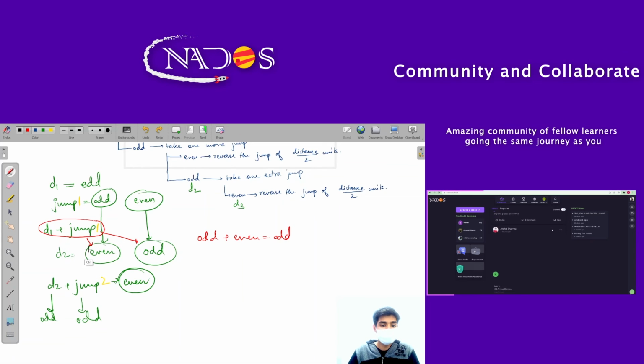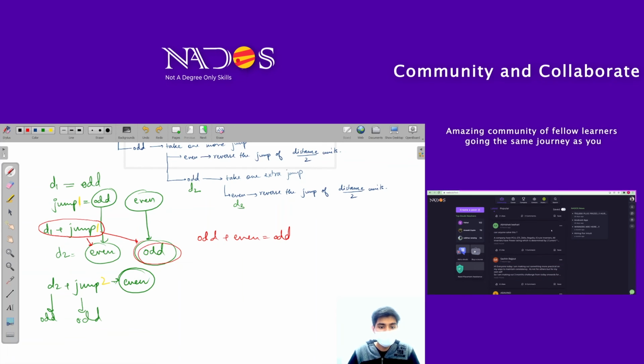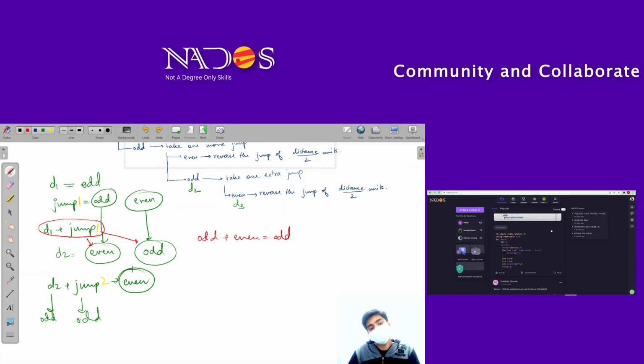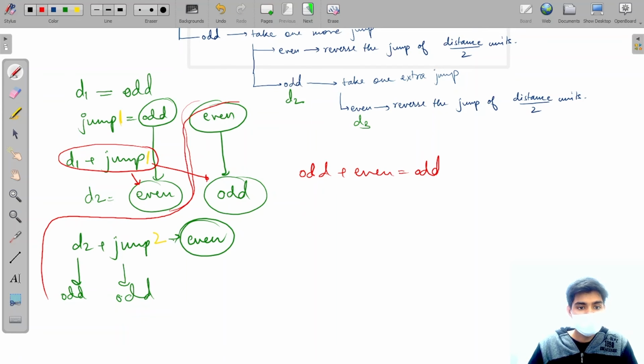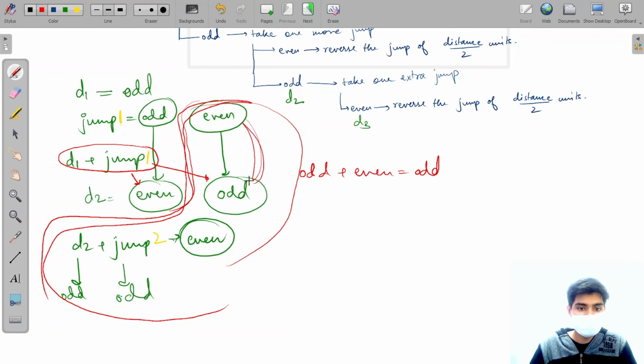If this d2 is odd now, I'll take one more jump. Since my old jump was even, this d2 is only happening for this case.